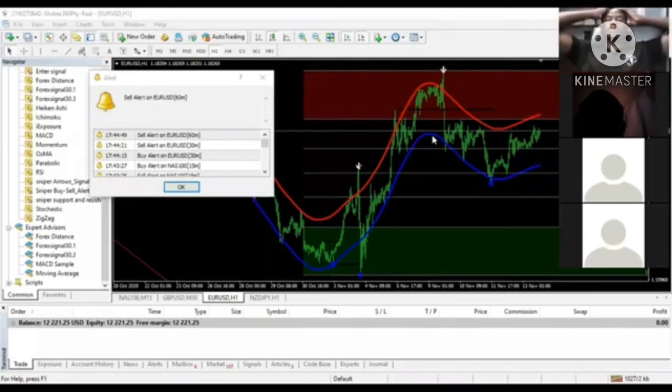The first person is asking if these arrows can move up if the market keeps moving. Yes, they can. The arrows can move up if the market keeps on moving. But the only time the arrows will do that is if the arrow popped up here in the middle. Right here. Or right here.